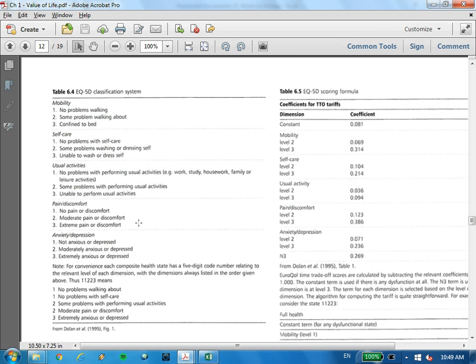In that case, where 1 is perfect health, 0 is death, and below 0 is worse than death, they use gamma. We can talk about it later, but it's a little complicated, so we'll forget about this. Assume that our utility weights are always between 0 and 1.